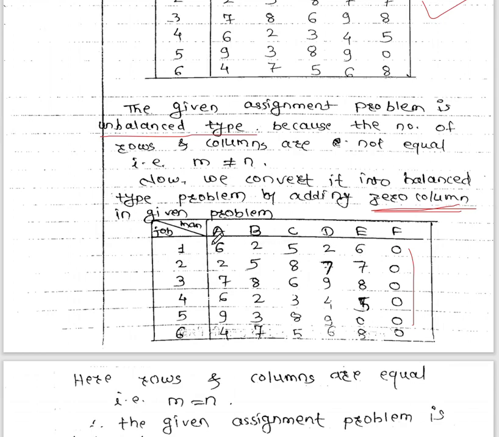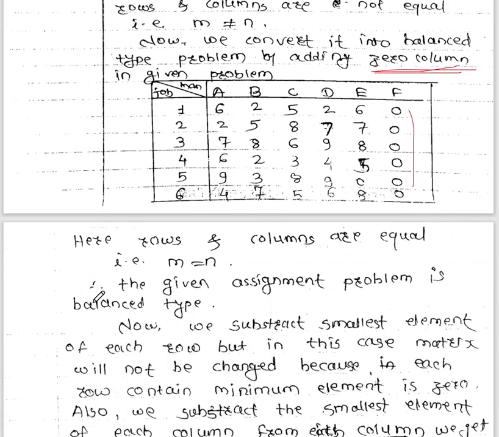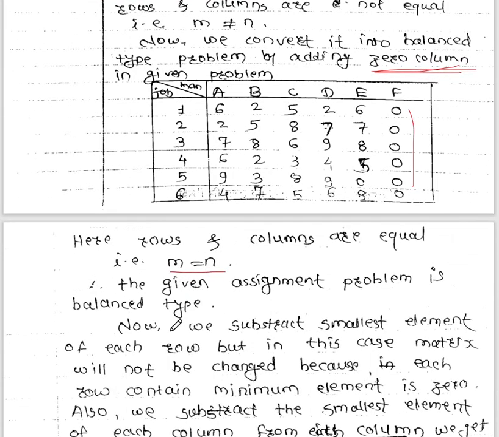The number of columns is 6 and the number of rows is 6, so this is now a balanced type problem. You can proceed as usual for a balanced type problem. Here the number of rows equals the number of columns, that is m equals n, hence the problem is now balanced.